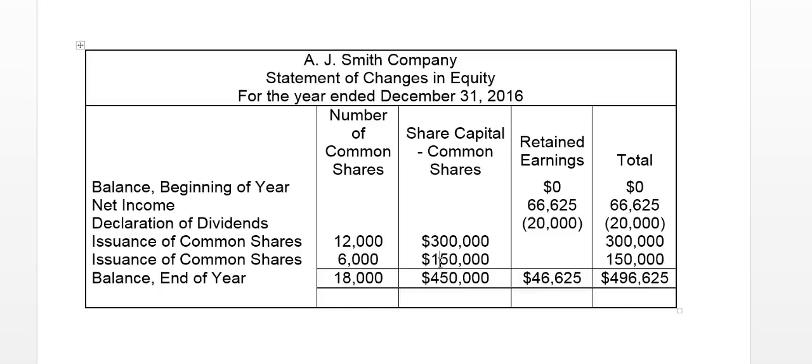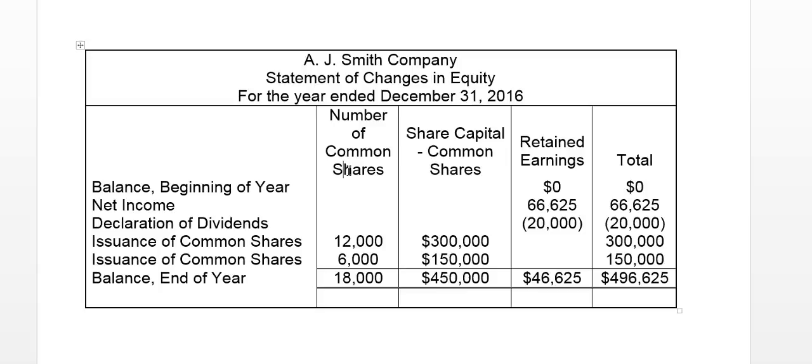And if you remember, we issued those shares on January the 1st when we bought the land and the building, right? That was for 150,000. So we have a balance at the end of the year in common shares, dollar value of common shares of 450,000.